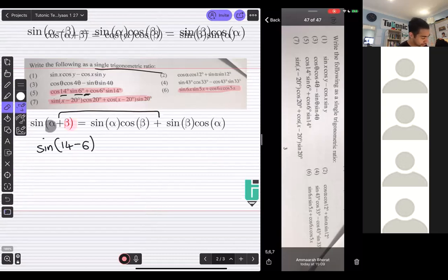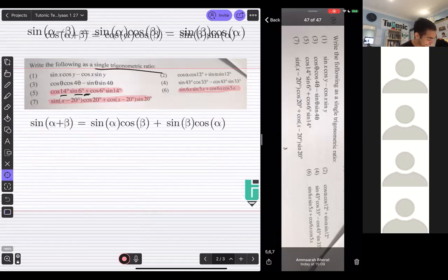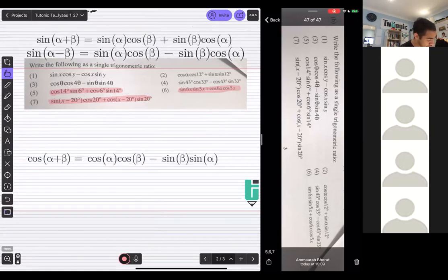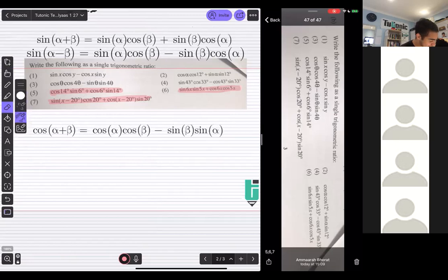Okay. So number 6 says sine, sine, cos, cos. So which one are you thinking? You're thinking of the cos. And cos plus or cos minus? Minus. Why? Because for cos, the sign changes. Yeah, because the sign changes.